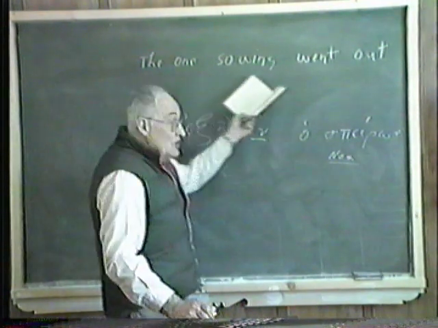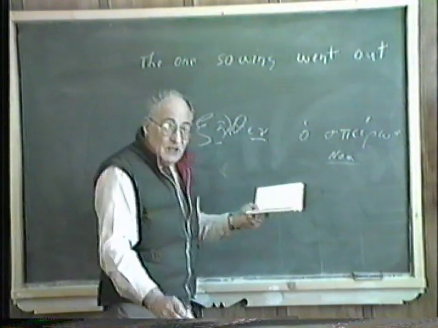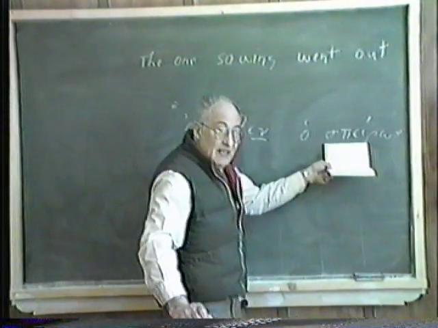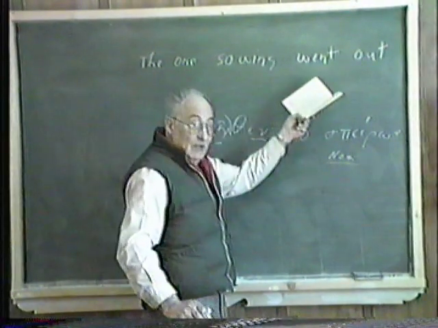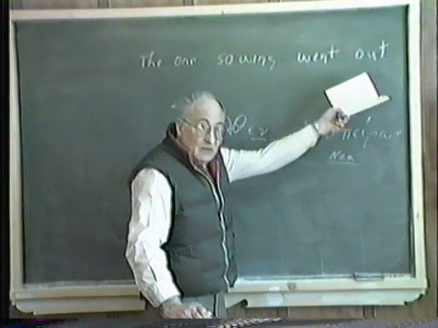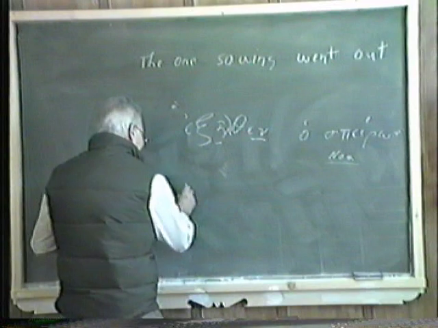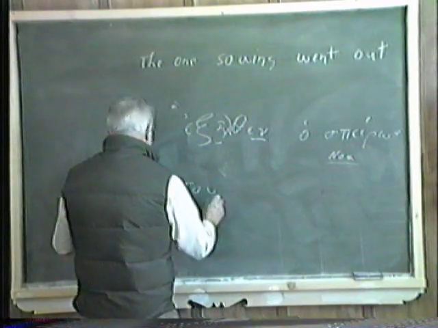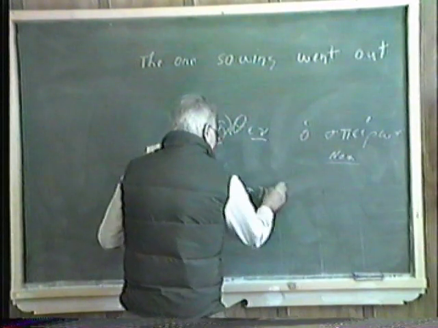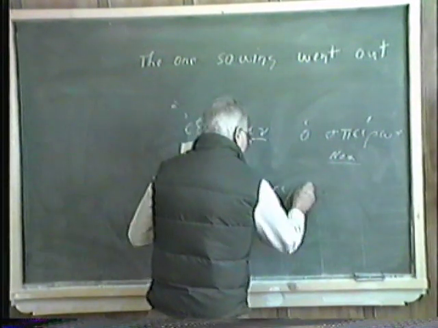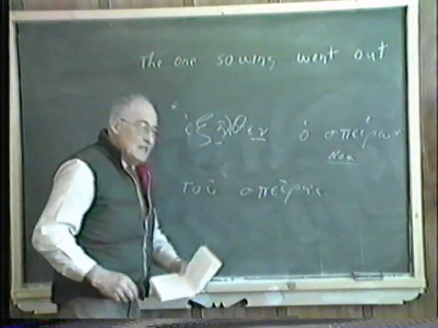But here, the one sowing, or he who sows, doesn't make any difference however you want to translate the present participle. The one sowing, what? He went out. See? He went out. Now then, we have something very, very interesting. This is a good illustration here, as far as your Greek is concerned. What part of speech is that?